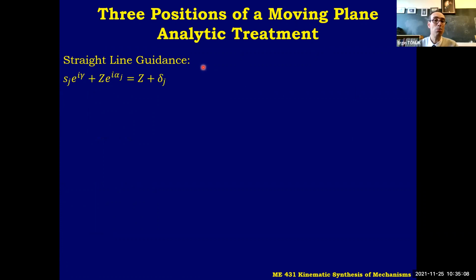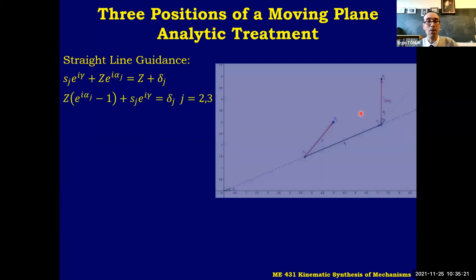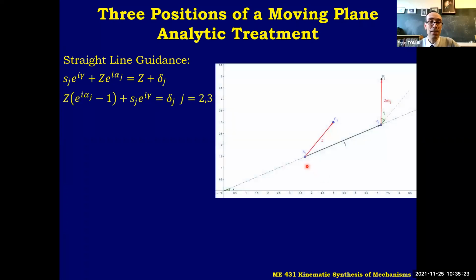That is, one of the points you want it to be on a slider whose center of curvature, or B0, is at infinity. So what we will do is this actually. This time we want such a point that all its positions are on a straight line that makes gamma angle with the real axis.